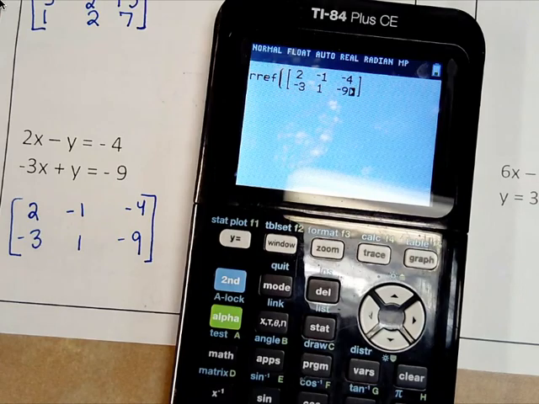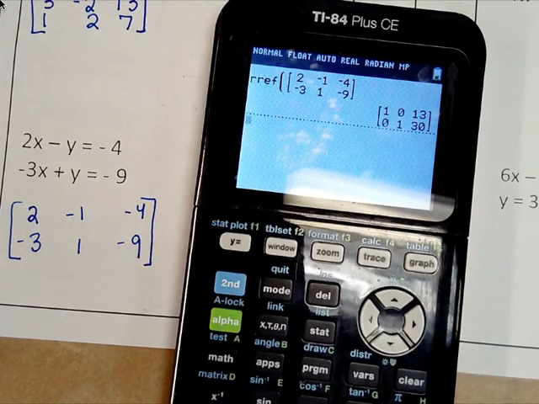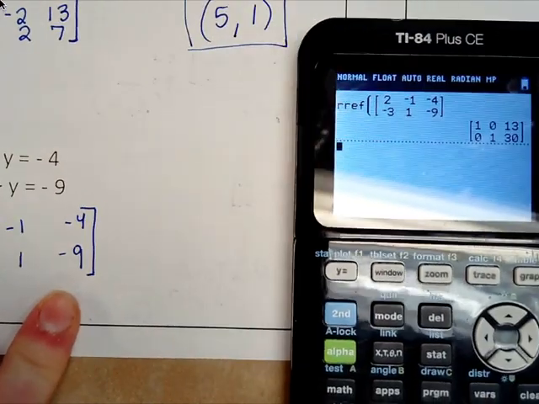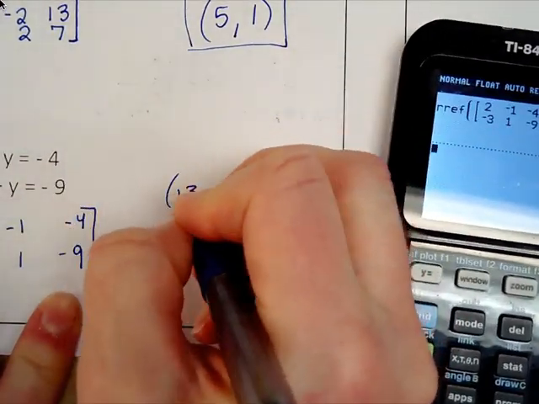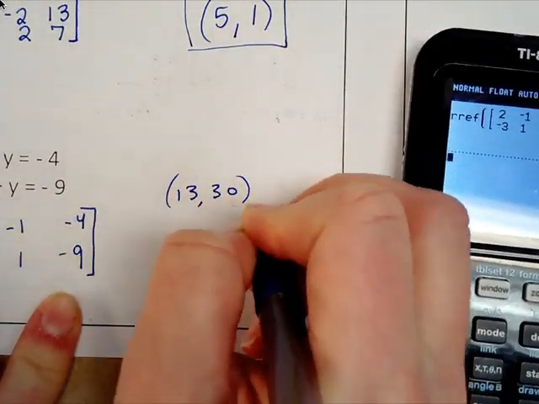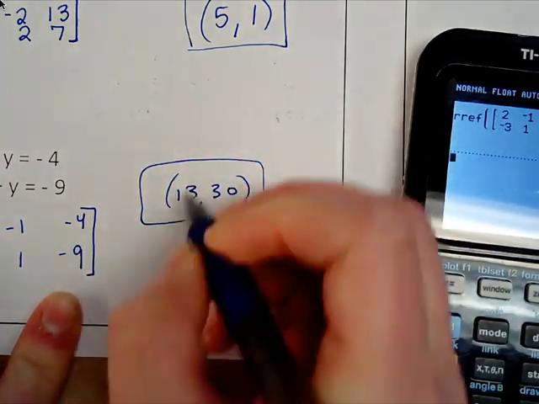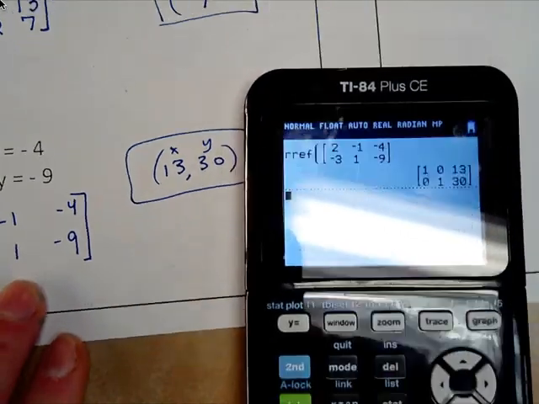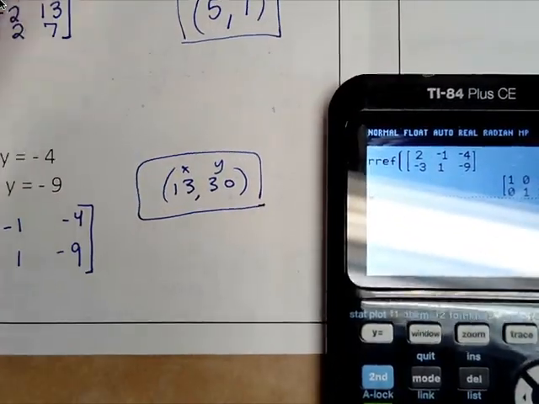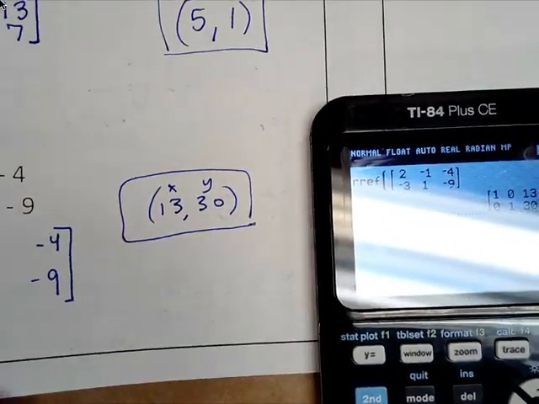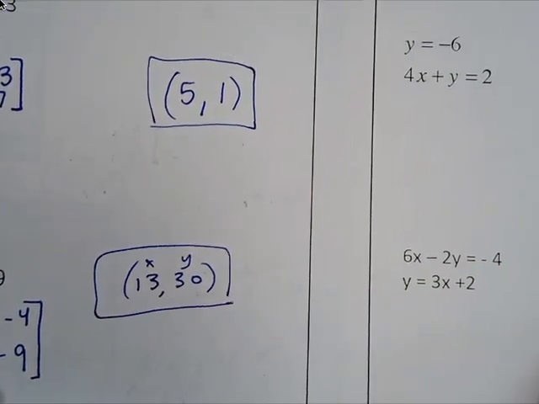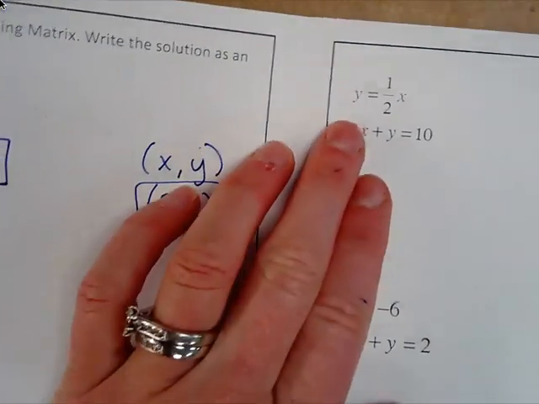They're not just in ax plus by equals c. Okay, I did the last one on the left side, 13, 30. So x is 13, y is 30. That's what that means. Yeah, you got to move things around.